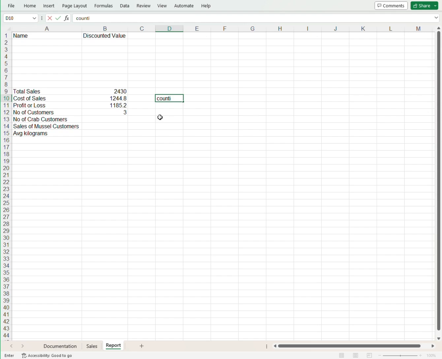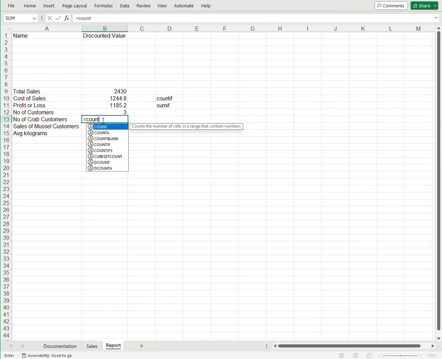So let's design the function for here. Equals count if, as I said, that there is a condition. Count if. You count if. What are we counting? We're looking for the number of crepe customers.